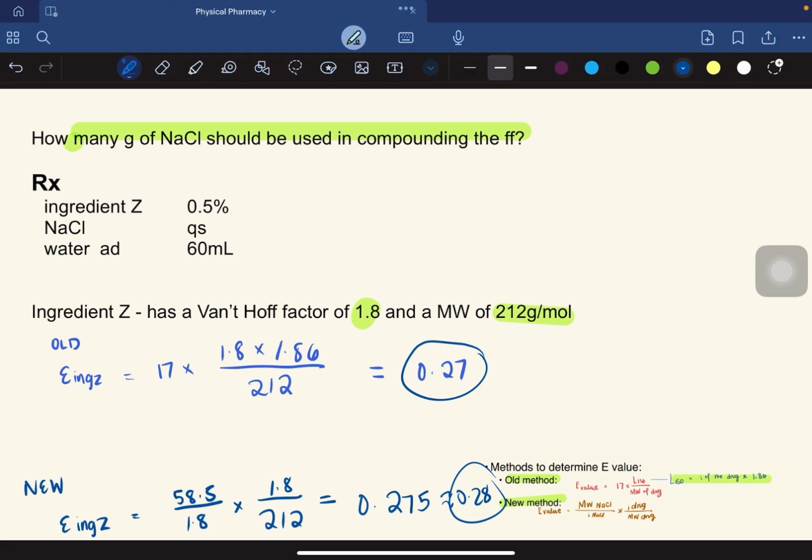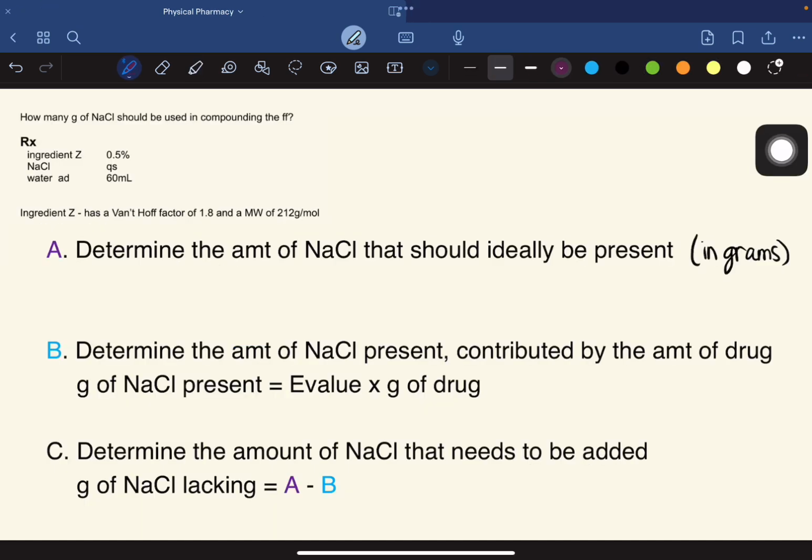So now that we have our E value, we can now solve the problem as to how many grams of sodium chloride should be used in compounding the following. For this one, we will first have to determine the amount of sodium chloride that should ideally be present. Remember, kapag isotonic yung hinahanap and sodium chloride, the ideal percentage would be 0.9%.